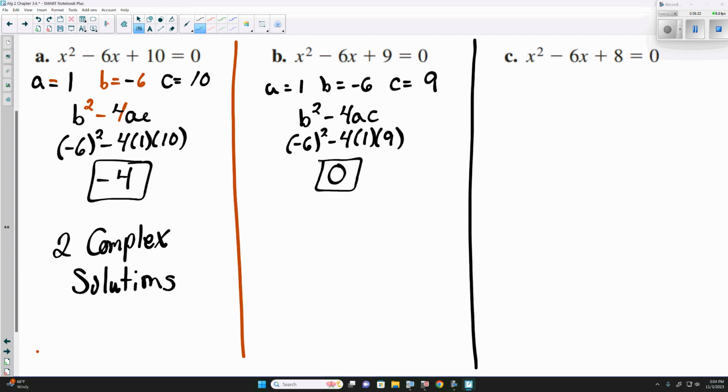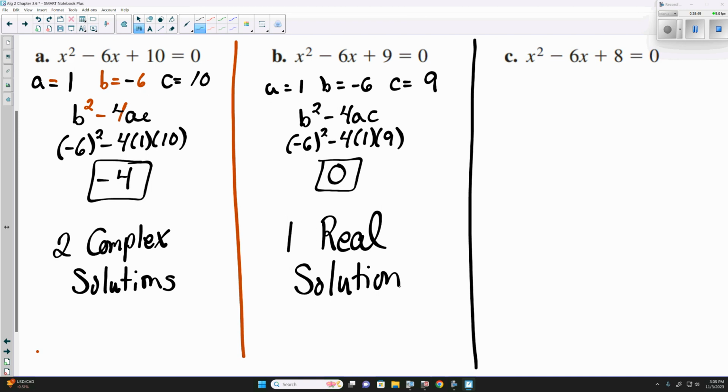So the value of the discriminant is 0, and the number of solutions we have is one real solution.